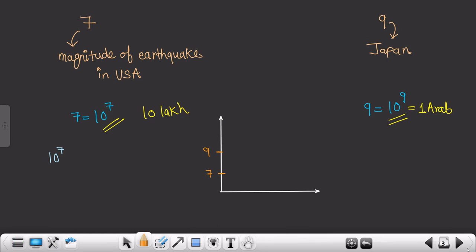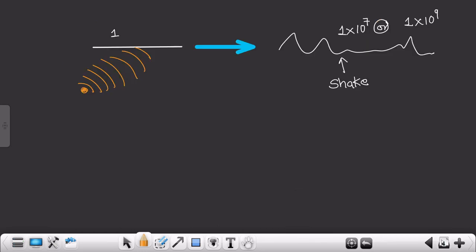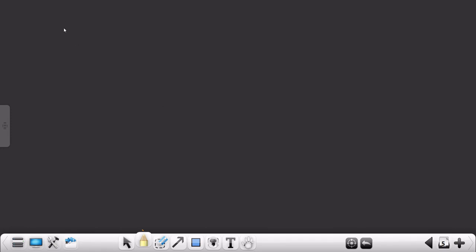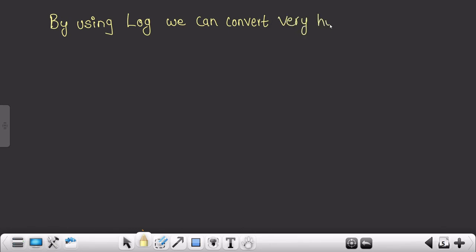To give you a brief idea about what exactly the log did, long story short: by using logarithm, or log, we can convert very huge numbers into smaller ones.